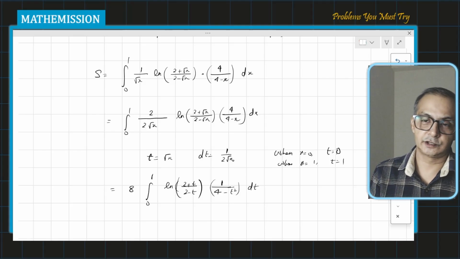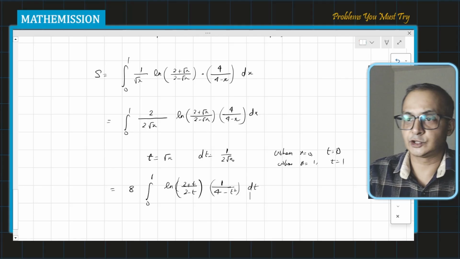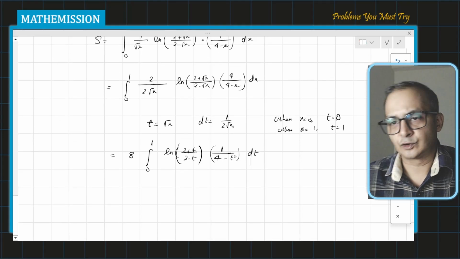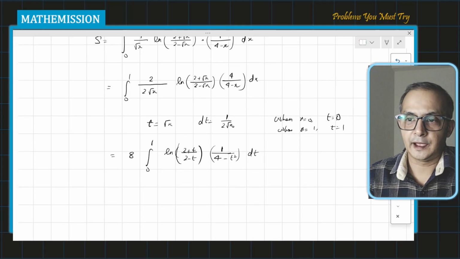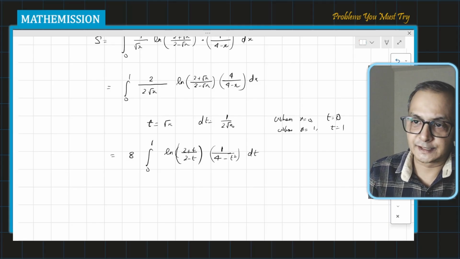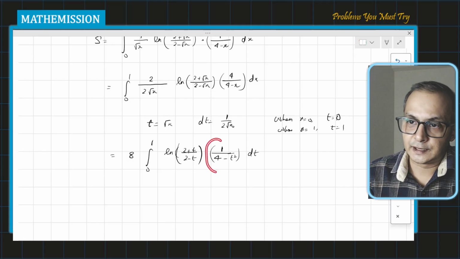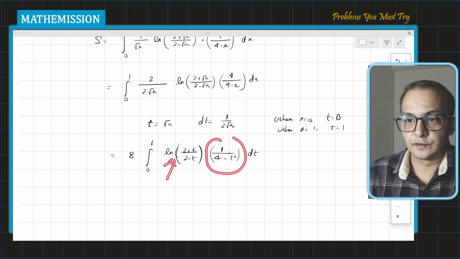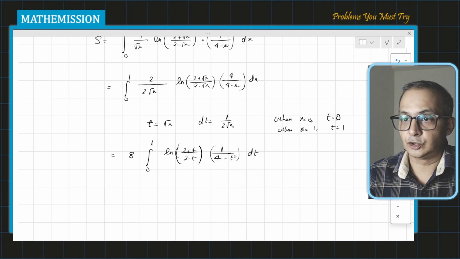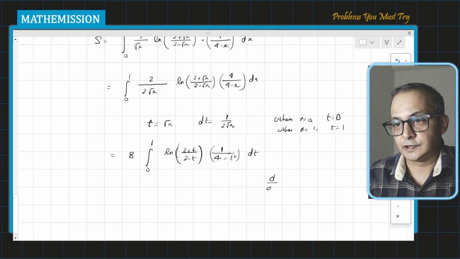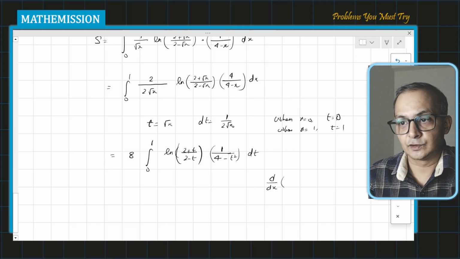Now if you have a lot of practice in definite integration, or maybe substitution in definite integration, you might have encountered this kind of situation, and you can notice that this quantity is the exact derivative of this quantity. Let me show you. Let us take this u so that that purpose will be also solved.